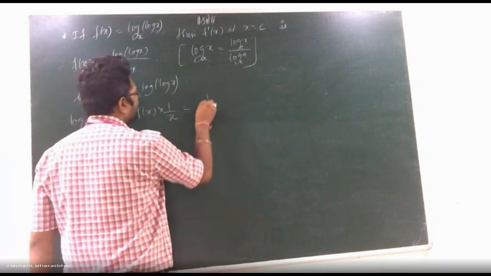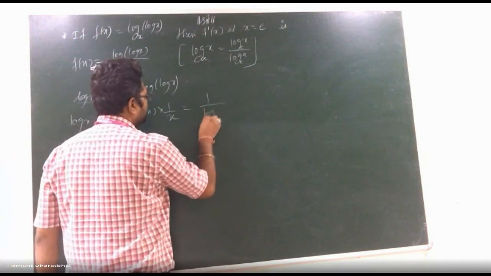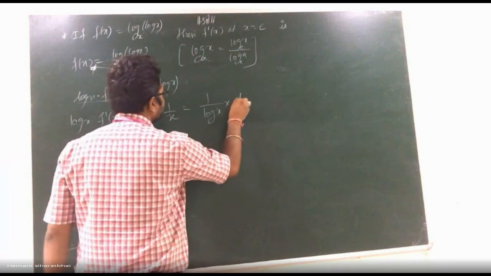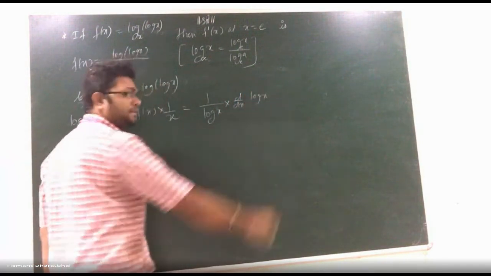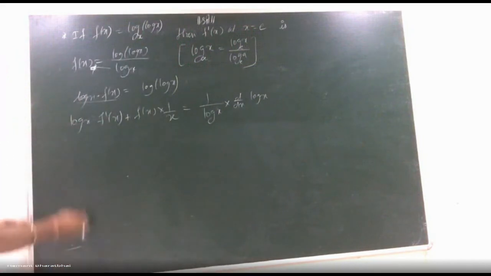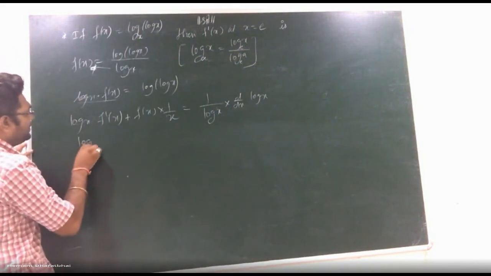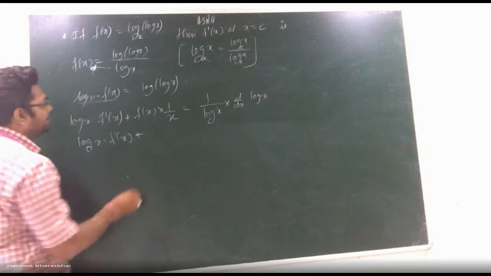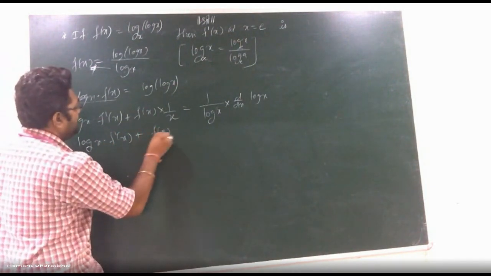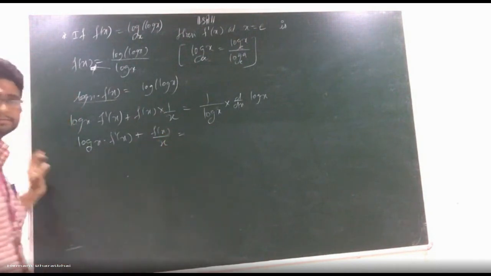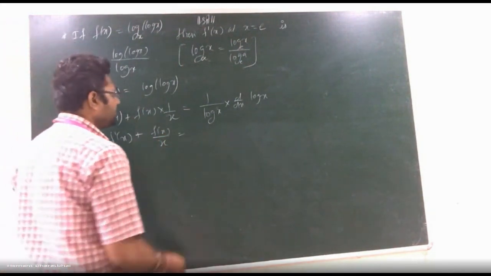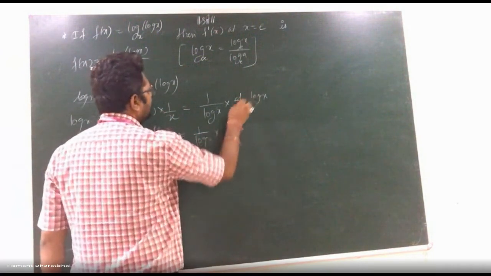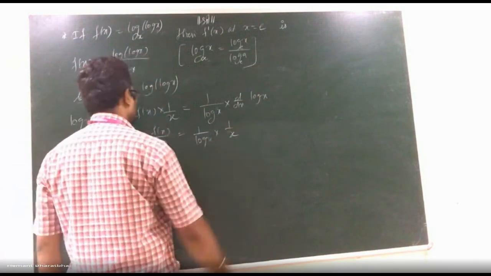Here the derivative of log is 1 upon, so this will be 1 upon log x into the derivative of log x. So here I get log x into f'(x) plus f(x) upon x is equal to 1 upon log x into the derivative of log x, which is 1 upon x.